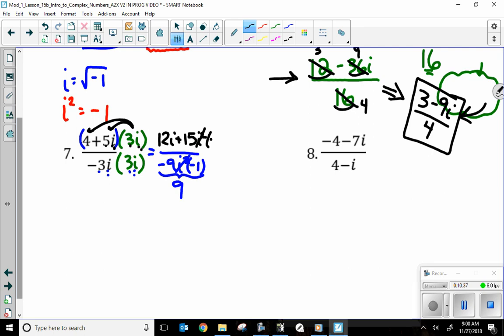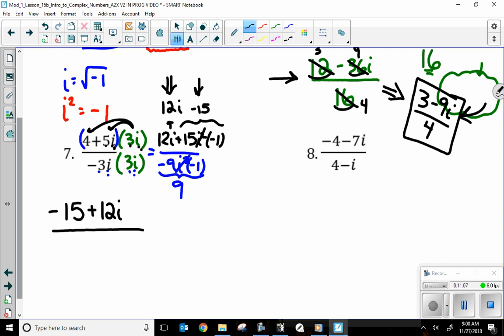I squared, we know is negative 1, and 15 times negative 1 is negative 15, and I still have my 12i up here. So I get 12i minus 15, and all I'm going to do is rewrite this in a plus bi form. So my number without the I, which is negative 15, gets written first. My number with the I gets written next, positive 12i. And then I have my denominator, which is 9.